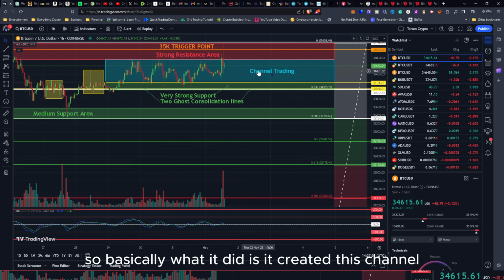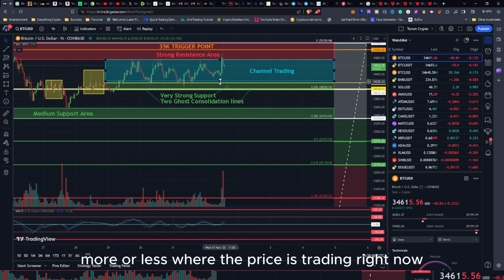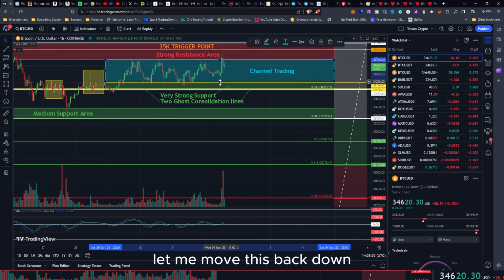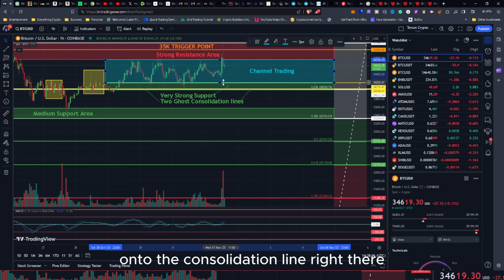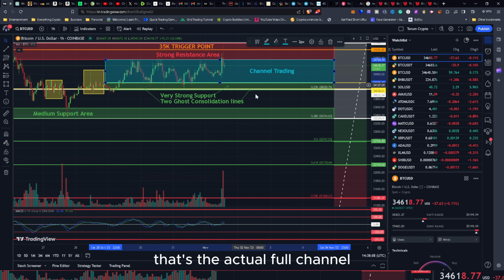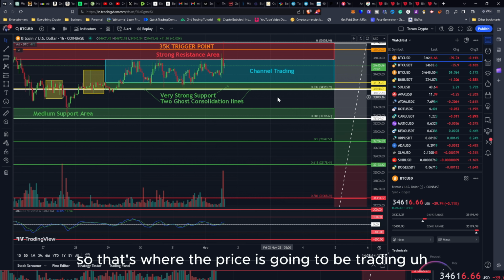So basically what it did is it created this channel marked by the blue box right here. This is more or less where the price is trading right now. Let me move this back down onto the consolidation line right there. That's the actual full channel. So that's where the price is going to be trading.